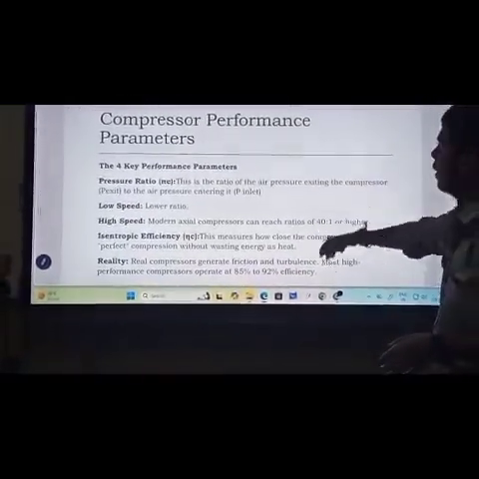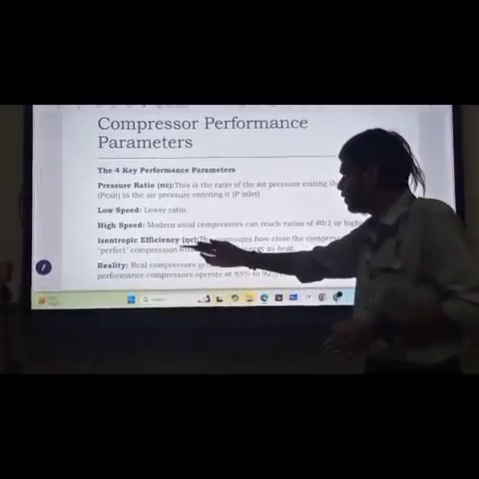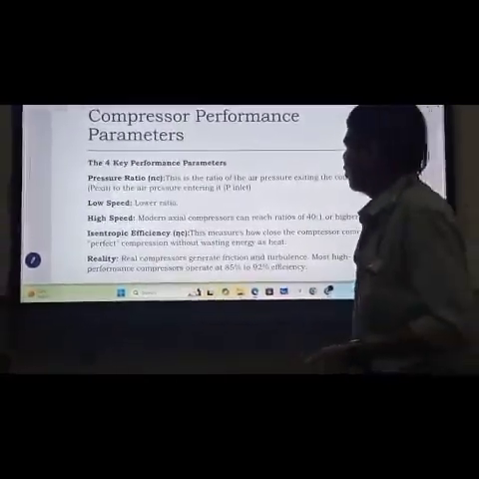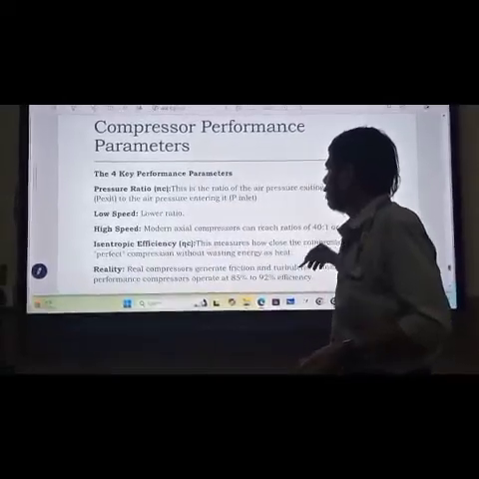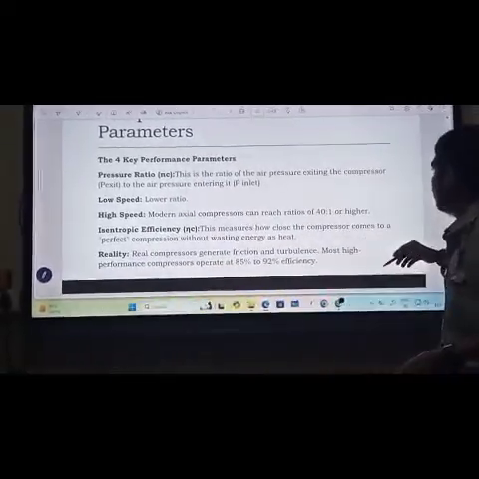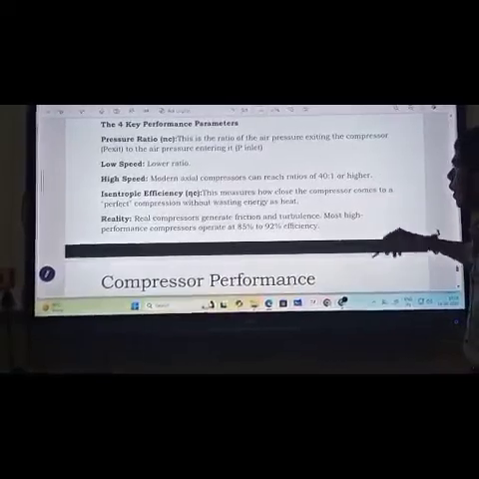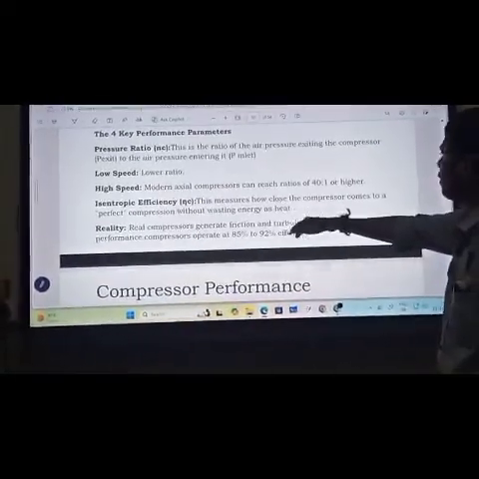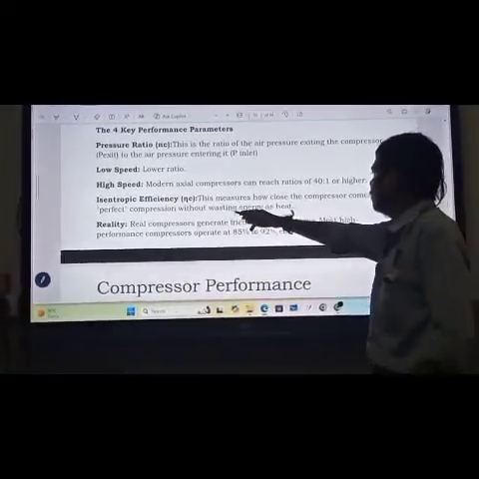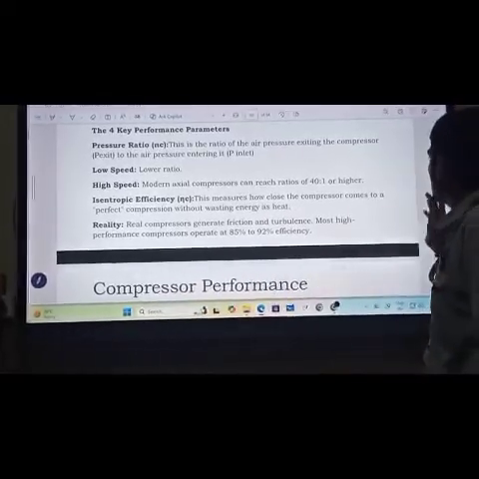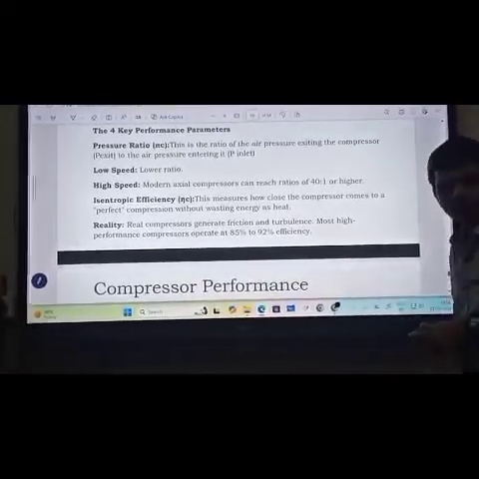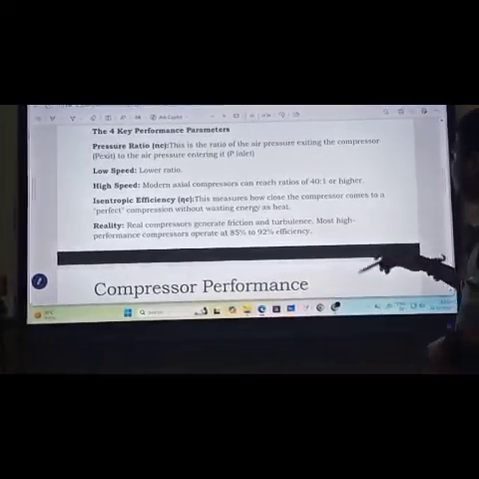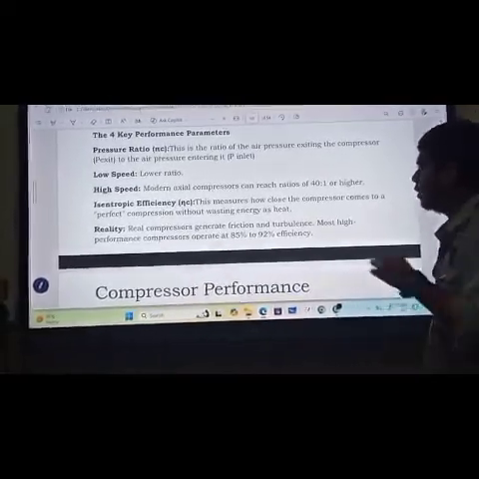The compressor performance parameters are pressure ratio, low speed, high speed, isentropic efficiency, and reality. Low speed has a lower ratio, while a high-speed modern axial compressor can reach 40:1 or higher. Isentropic efficiency measures how close the compressor comes to perfect compression without wasting energy as heat.